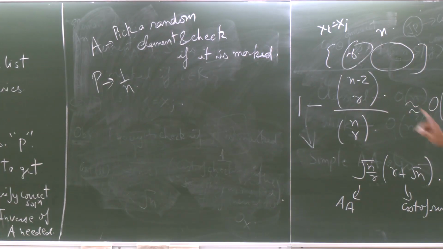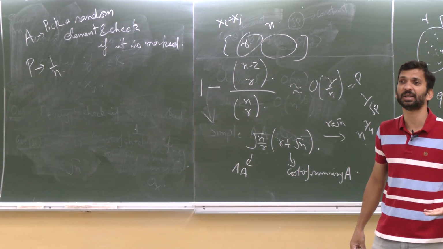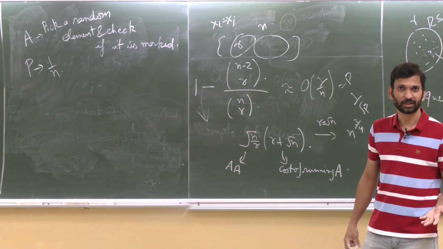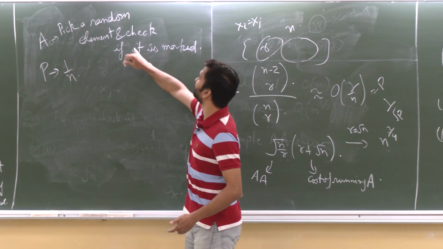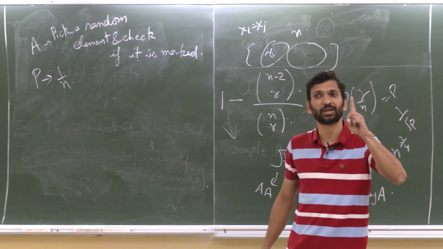The probability of success of that dumb algorithm is 1 by n. I can make it constant by running it 1 by root n times. We know quantumly I can do it in one query. This requires just one query. Right?